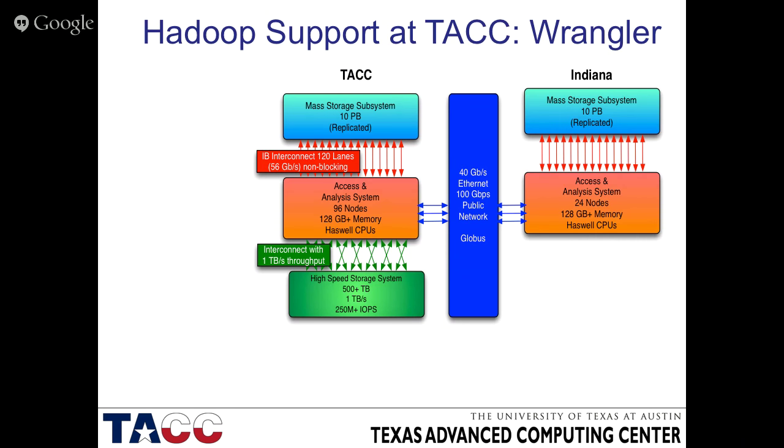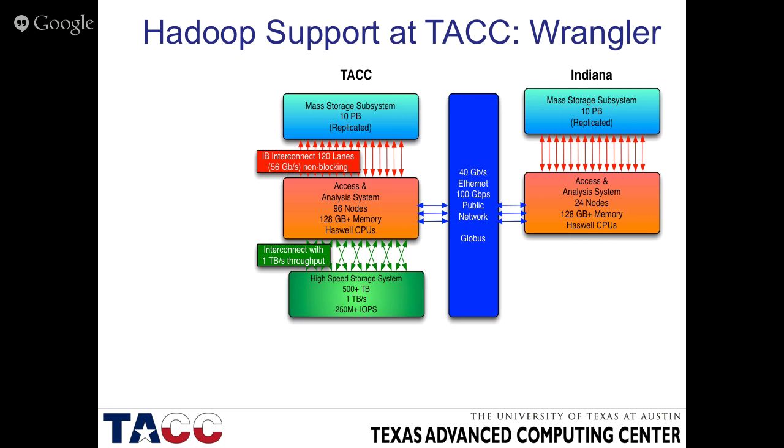The other cluster we currently have is our latest cluster supporting data-intensive analysis. It's called Wrangler. Wrangler is part of the XSEDE resources as well. Wrangler is different from traditional HPC in the sense that the storage is not really local to the compute node. We have a separate storage device and a computational device.